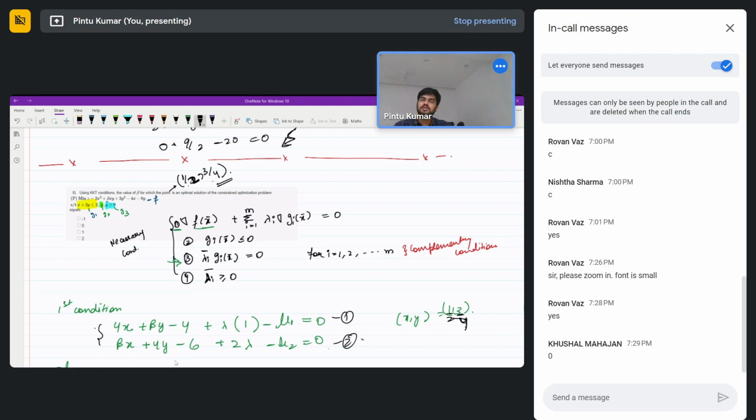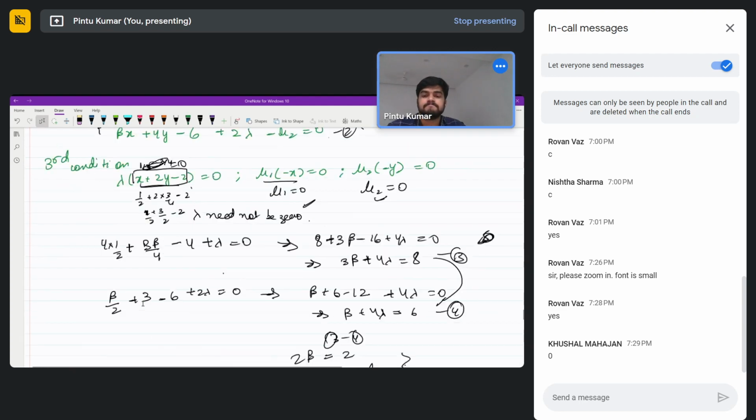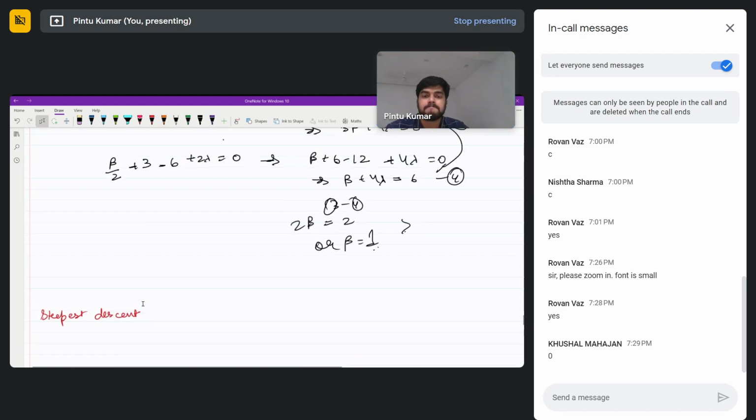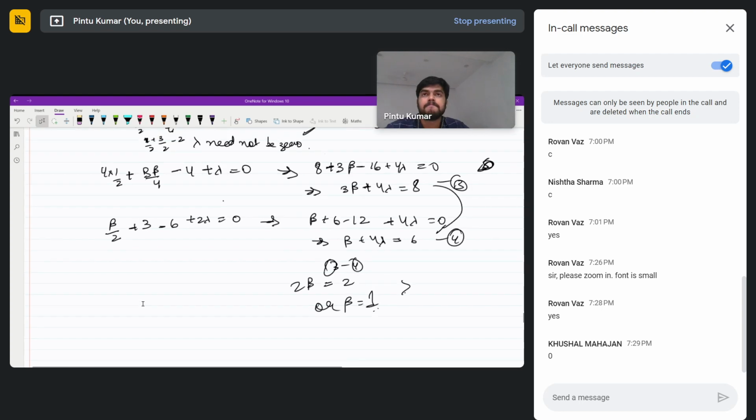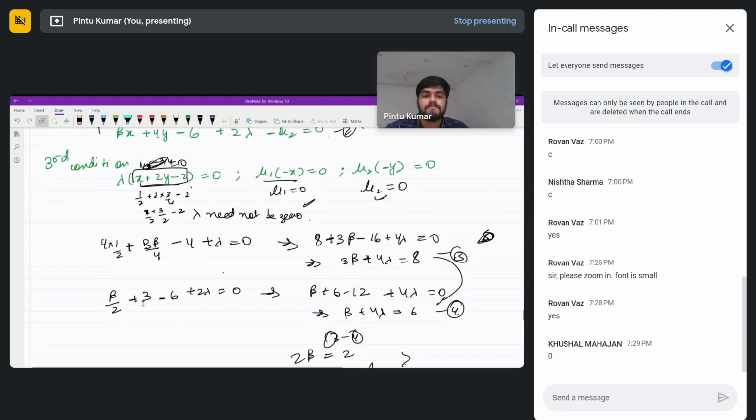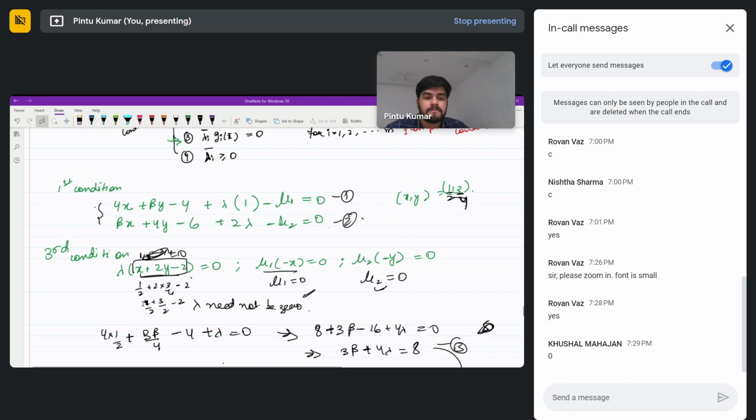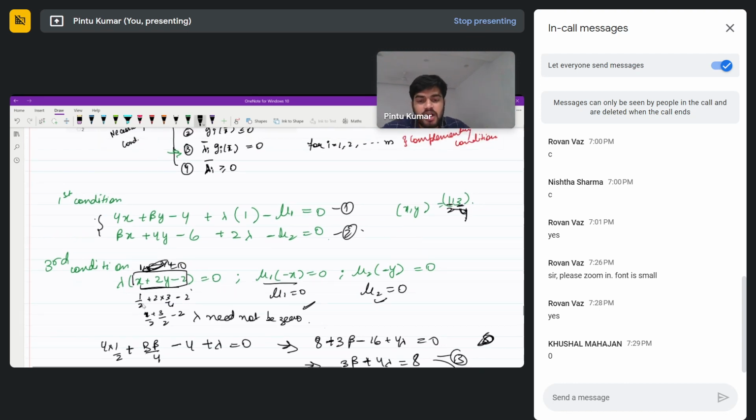Any doubt in this? So if we take a condition u1 times minus x equals 0 and u2 times minus y equals 0, and we have a condition that y equals 0. This is not a function, but multiplication of u1 with minus x.